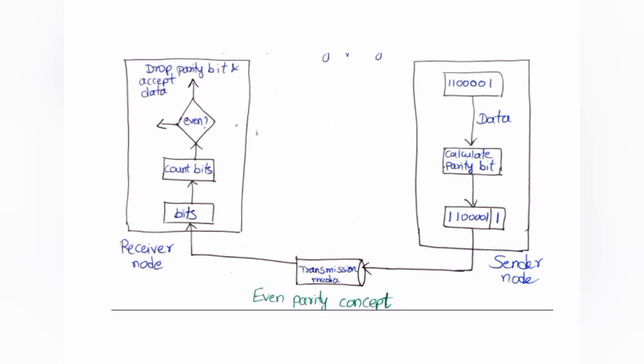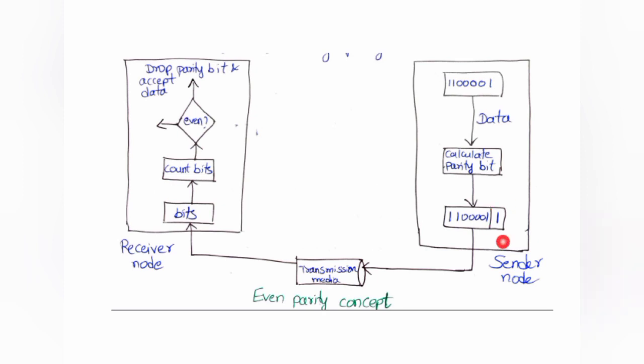But in VRC we are following the even parity concept, so that's why we are adding one extra bit to the given message, such that the number of ones becomes even. So for the given data, we are calculating the parity bit using the even parity concept.